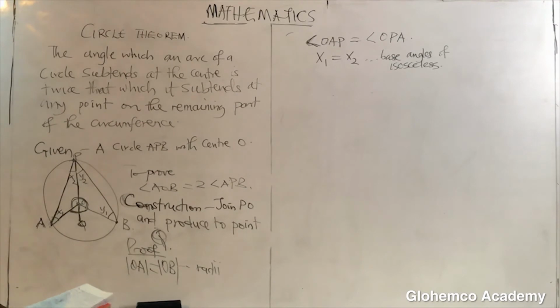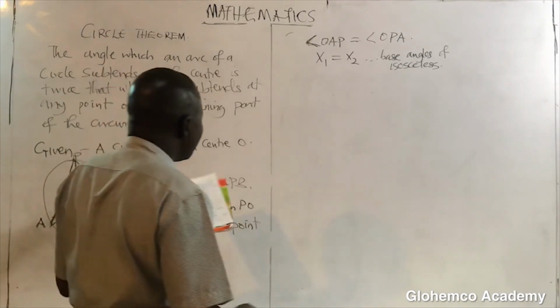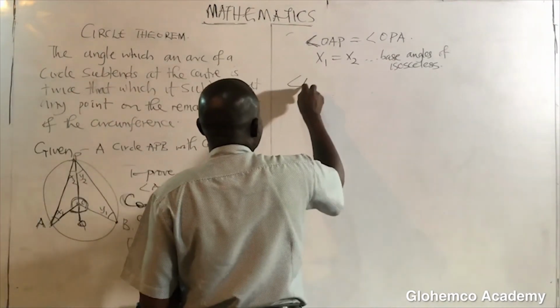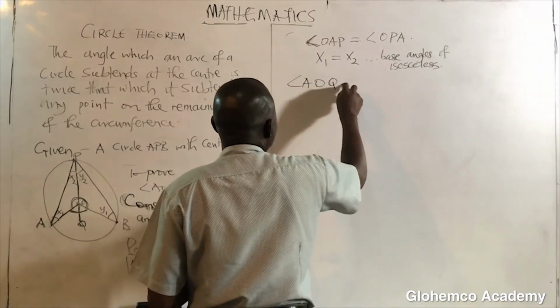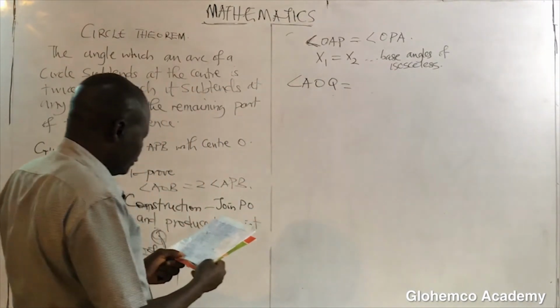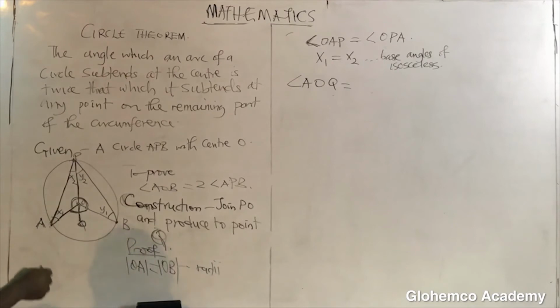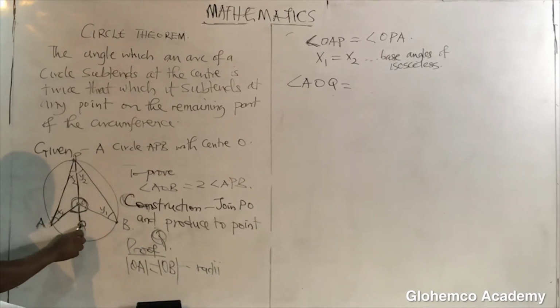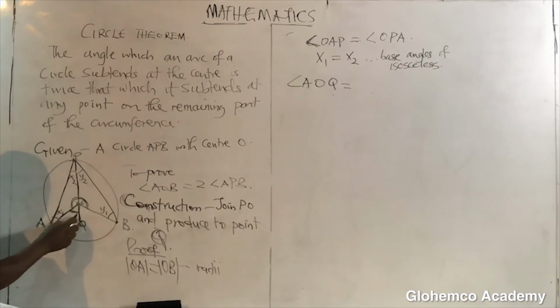The second proof is that we have to say that angle AOQ. What is angle AOQ? This angle, what will be the value of this angle now? We want to find this angle AOQ.